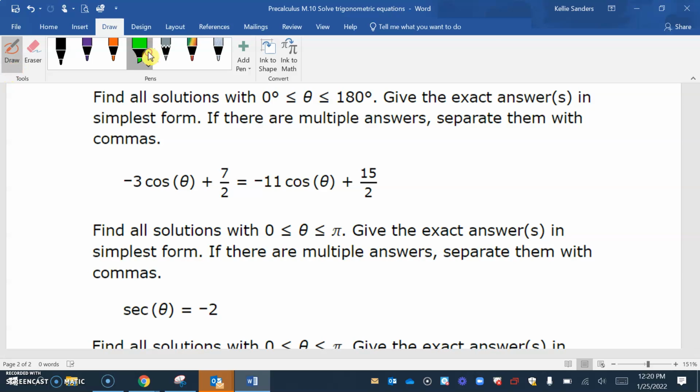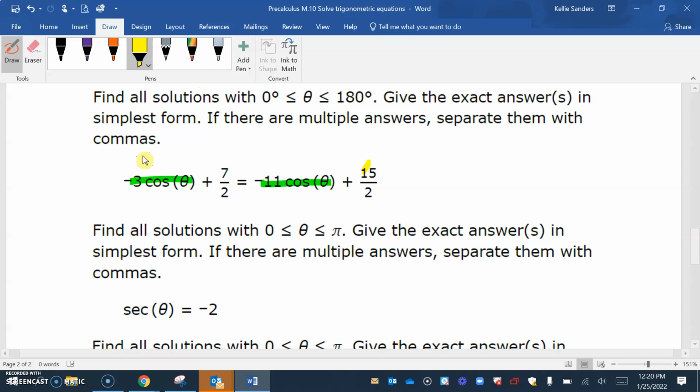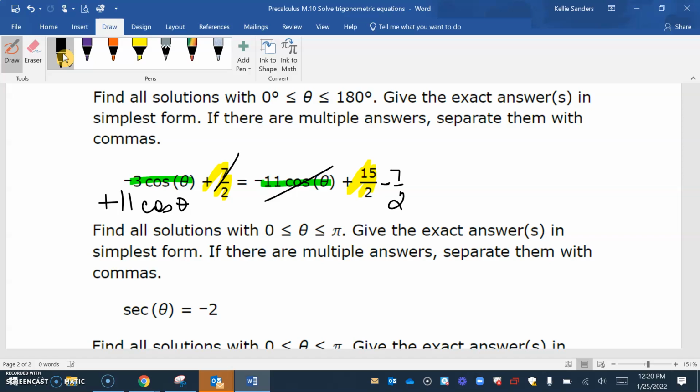What we're going to do here, since both of these are cosine thetas, and both of these are constants, we're going to flip and flop. We're going to add the 11 cosine theta to the left side, and we're going to subtract 7 over 2 from the right side.